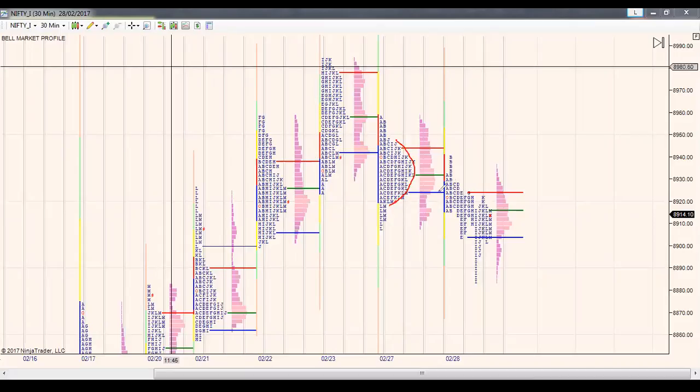So today was the open inside range and open auction kind of an opening, and that is a type of opening which always has very low confidence. That was evident till H period. There was nothing substantial happening.